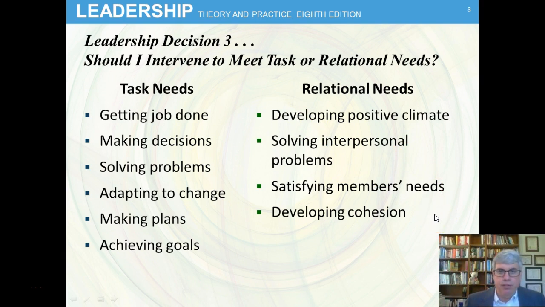Maybe they've got pressures on the outside, maybe they've got limitations in themselves, and these need to be addressed and responded to for the team to function appropriately. And then also there's a general sense of cohesion and togetherness that needs to be developed, and without that, teams won't function correctly. Those are all relational needs. So the leadership decision, the third layer, is, do I need to intervene to meet task or relational needs?